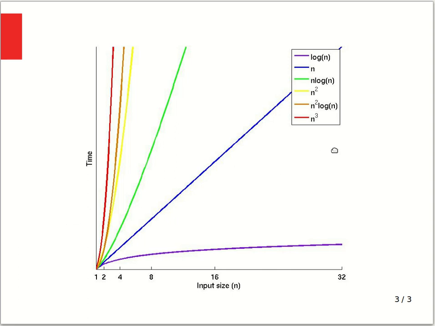And in practice, you could have algorithms with other kinds of dependence. This is a graph that I grabbed from the web. The horizontal axis is the input size n. It's plotted on a logarithmic scale, or is it linear?